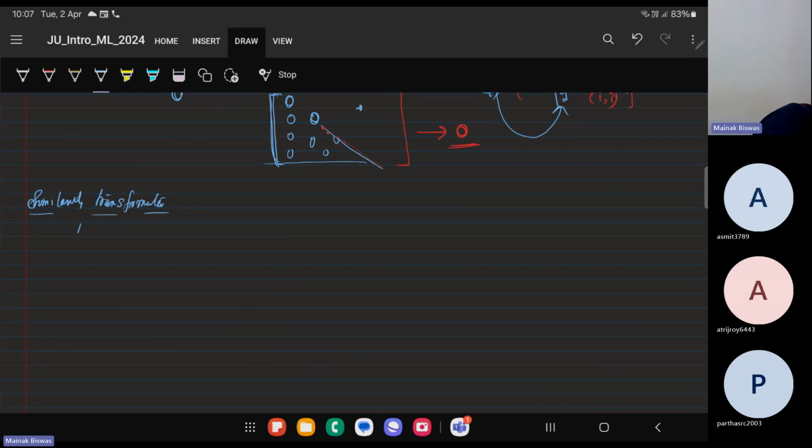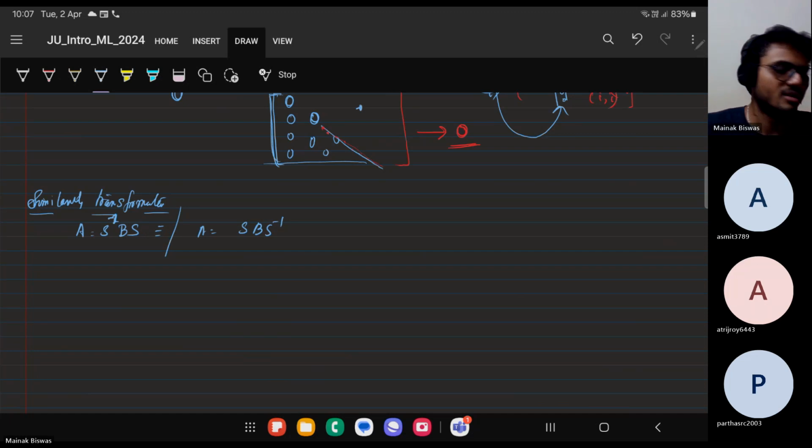It is A equal to S inverse B S, or A equal to S B S inverse. Both are equivalent. Then they are said to be similar matrices, right?